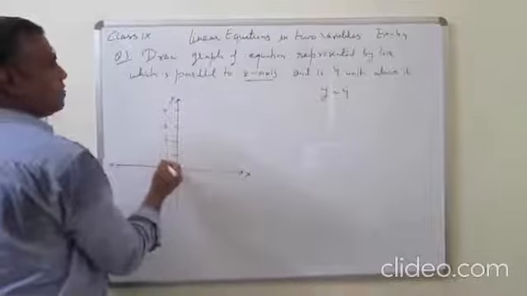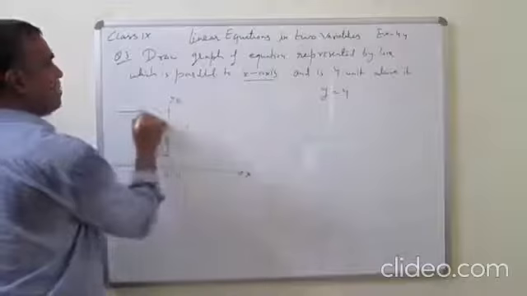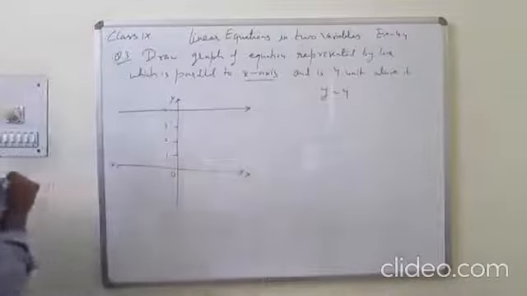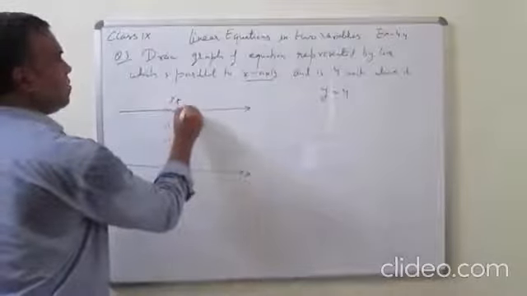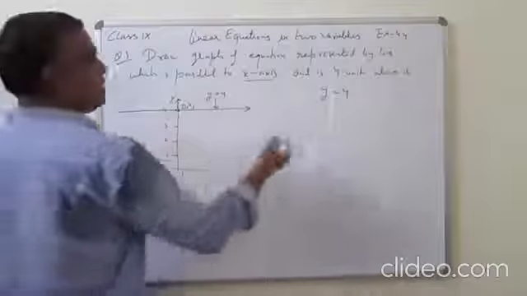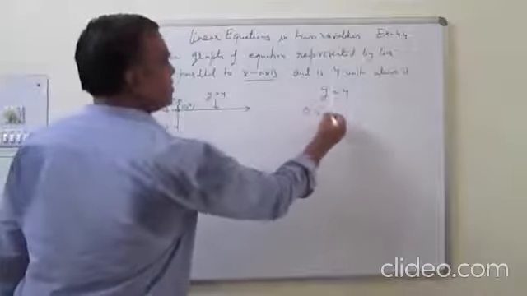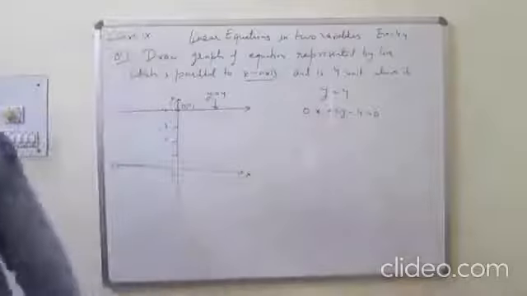So this is the line parallel to x axis and it is 0, 4 or y is equal to 4. You can write in this way also, 0 into x plus 1y minus 4 is equal to 0.